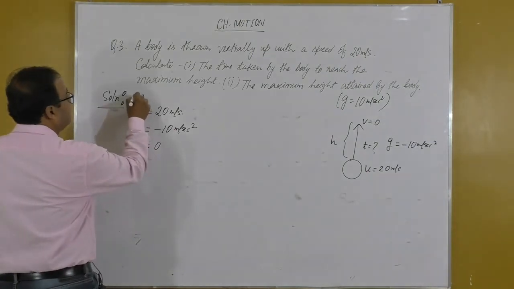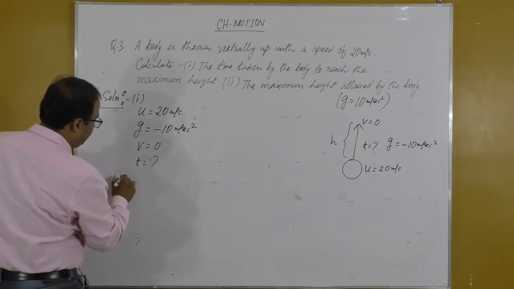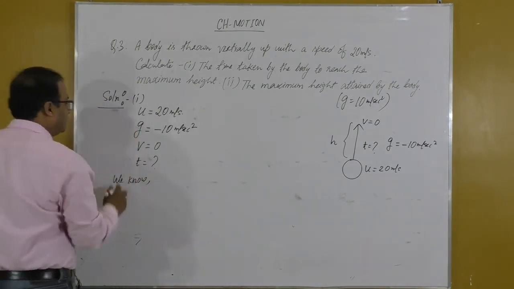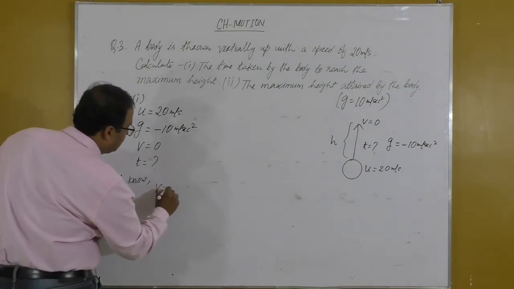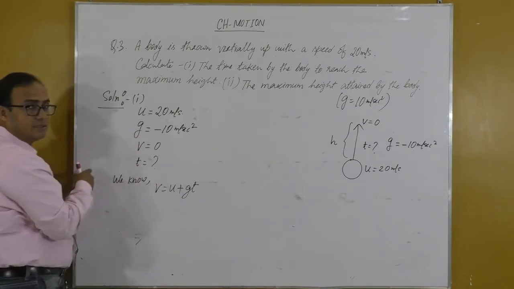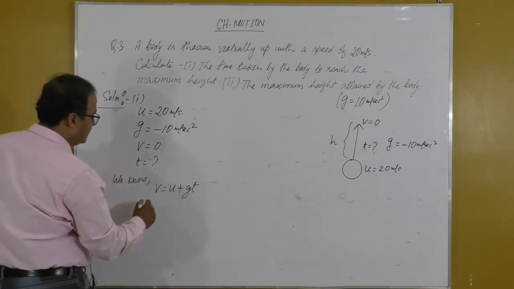So in the first part we have to calculate time, and we know the formula or the equation relating these four. v equals u plus gt has all four quantities, and we have to find out t. v is given, u is given, g is given.